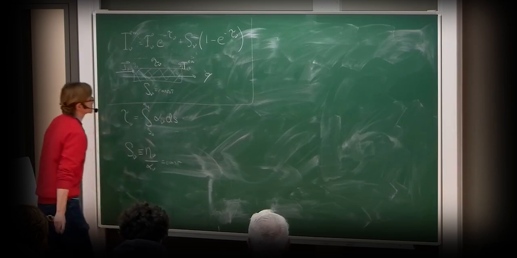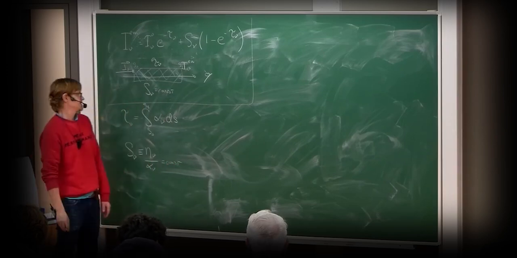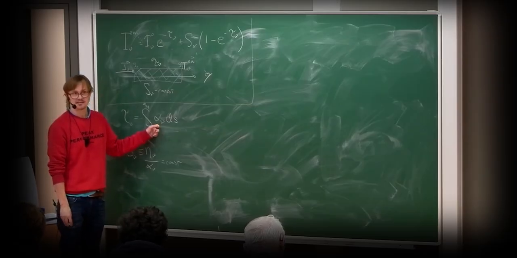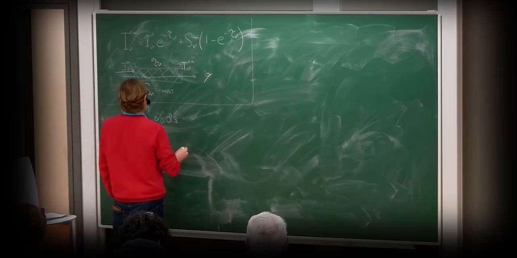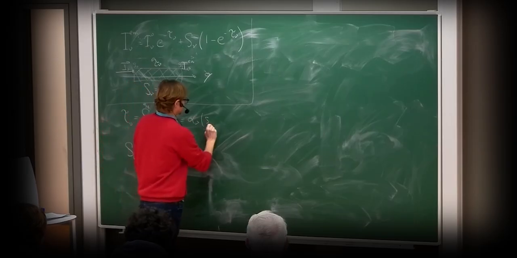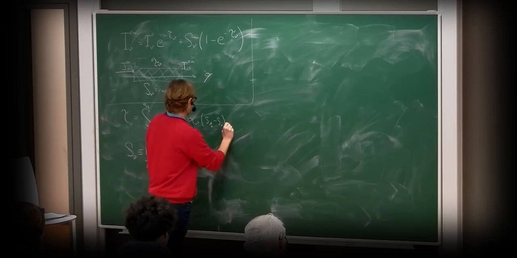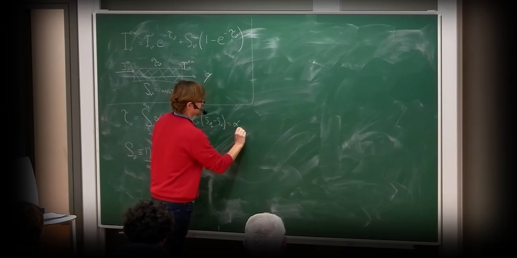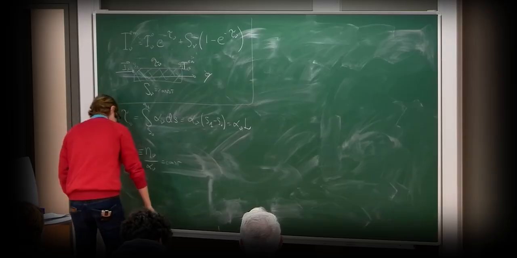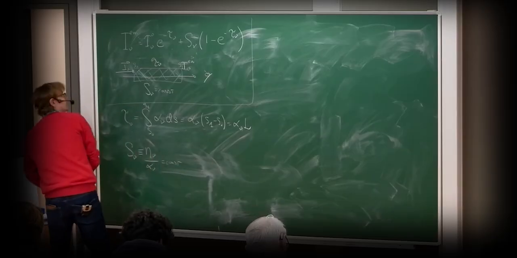If we can also assume, which we sometimes can and sometimes cannot, that alpha nu is constant in space, then this is just alpha nu times S1 minus S0, but then we might as well just call this alpha nu L, where L is the length of our slab.